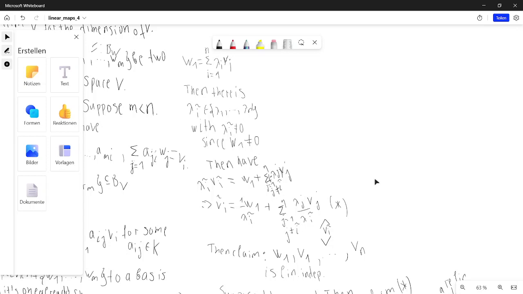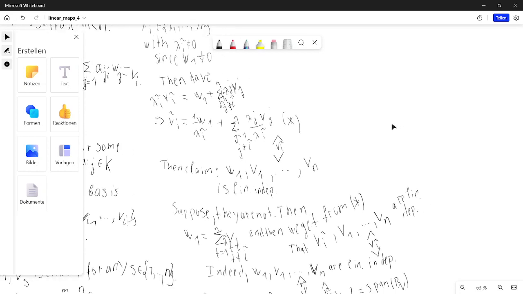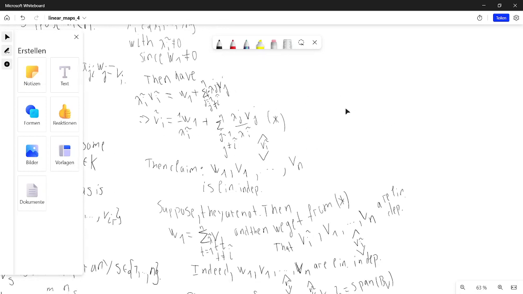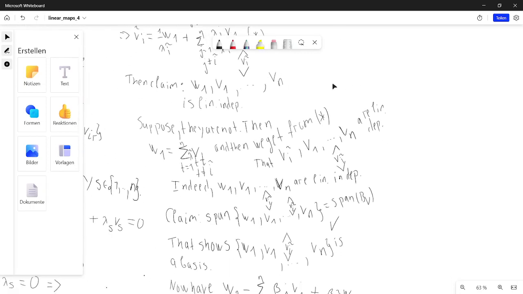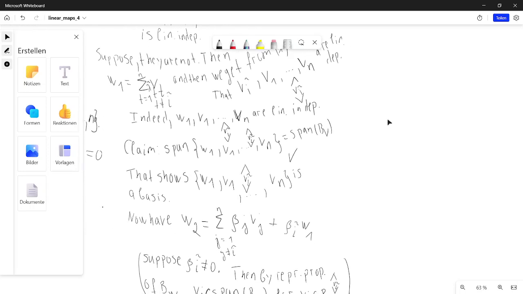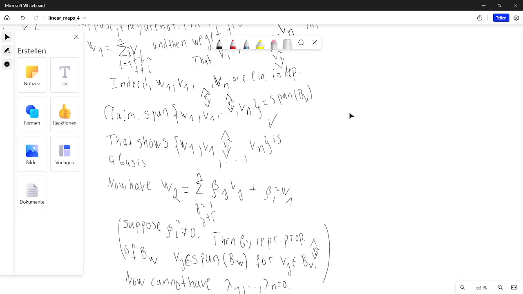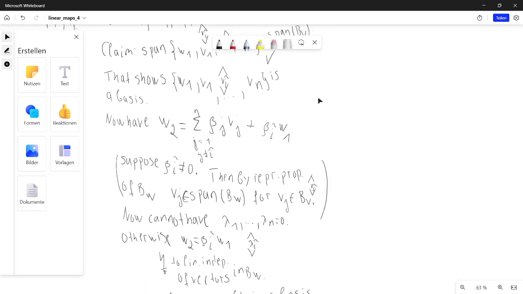And then we had that with signs here being not quite right, but it didn't change anything because it didn't change constants. And then we had that those were linearly independent, and we had that span.